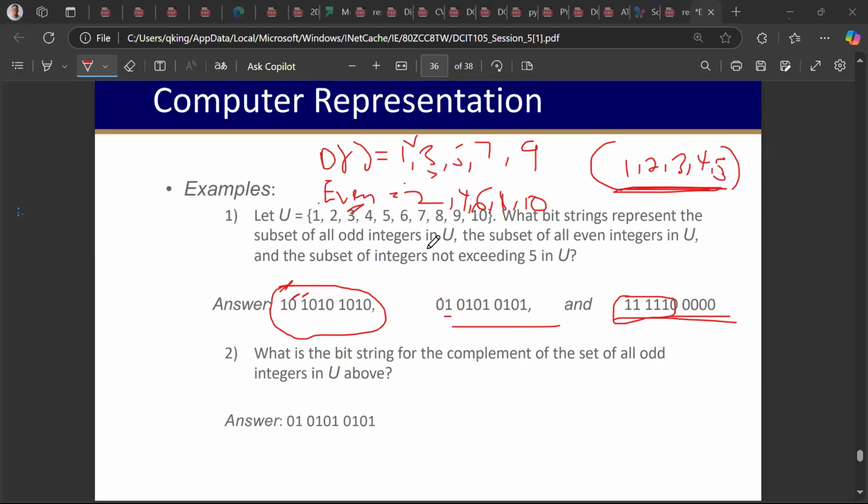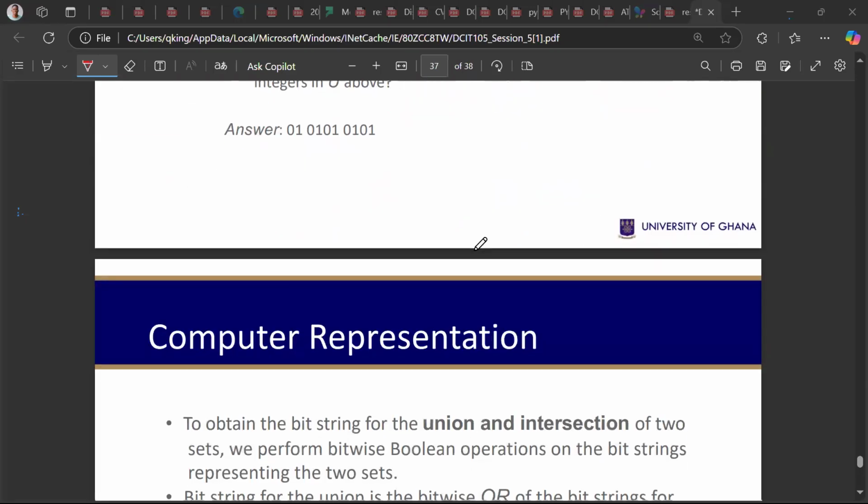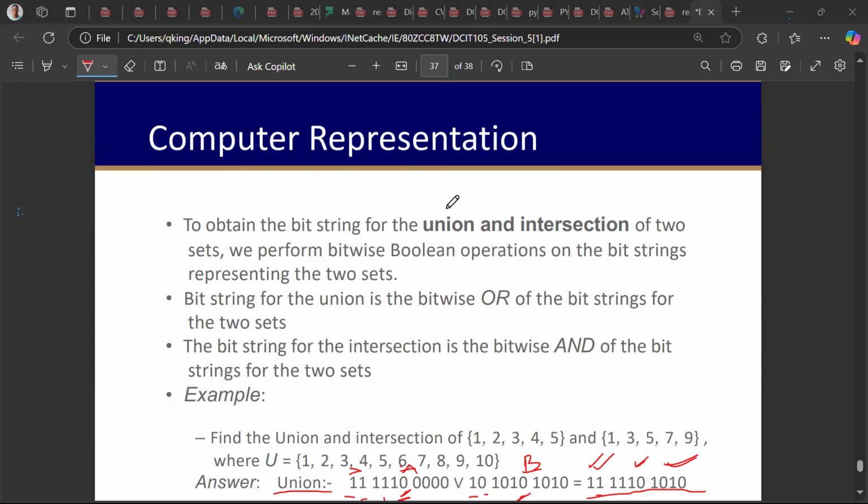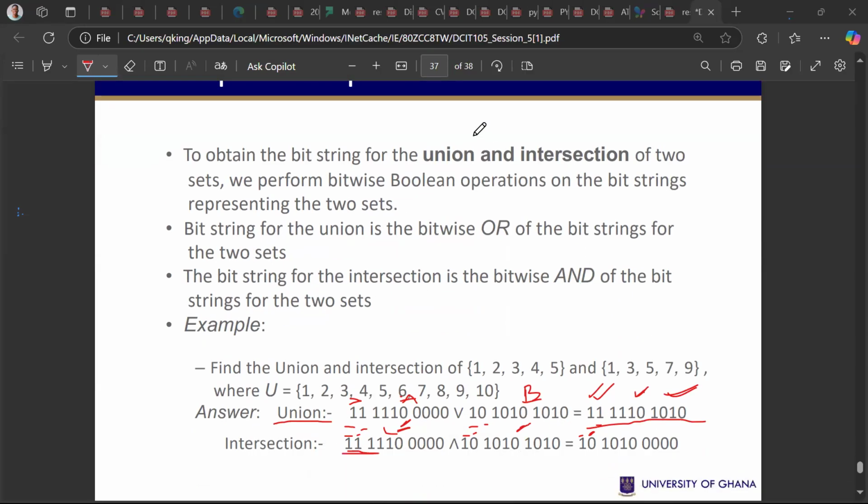That's a computer representation. Now when we came here, we're looking at the computer representation in a case where there are operations, there are operators. In this instance, we're looking at the union and then the intersection. And I was saying that in the computer, in the bits representation, we deal with zeros and ones.